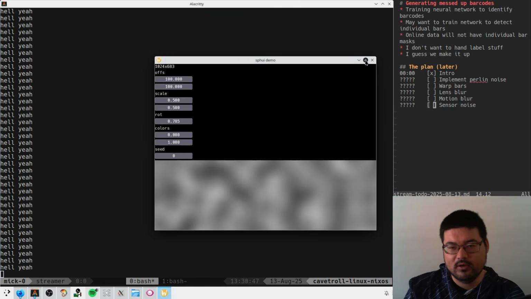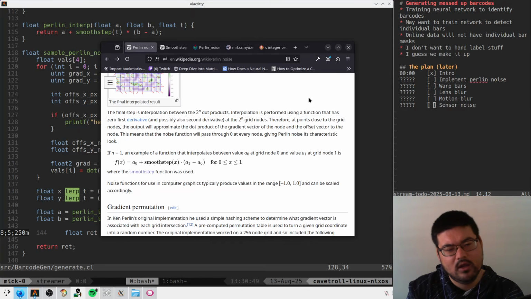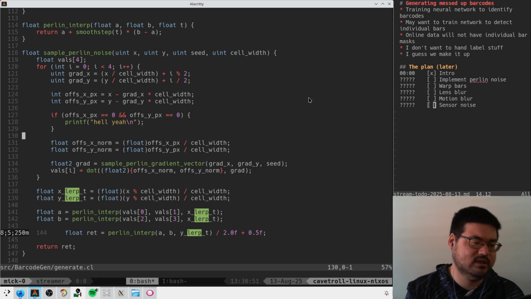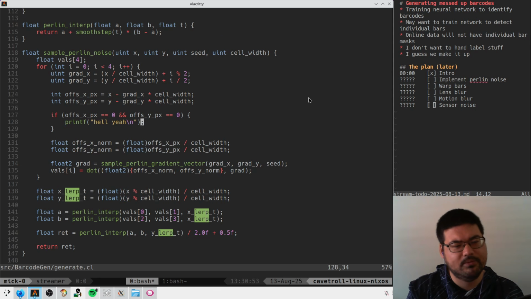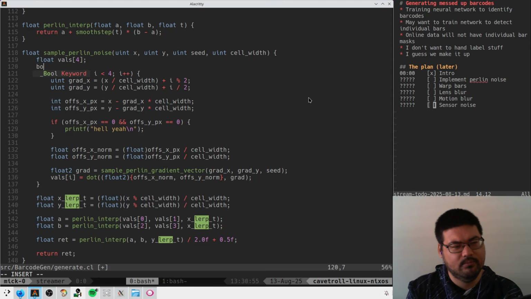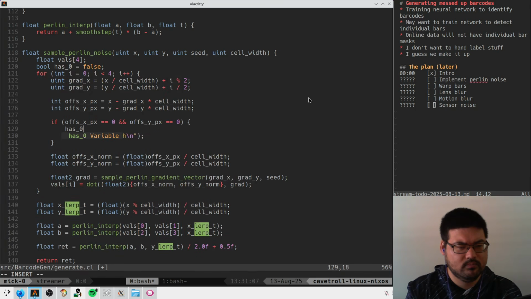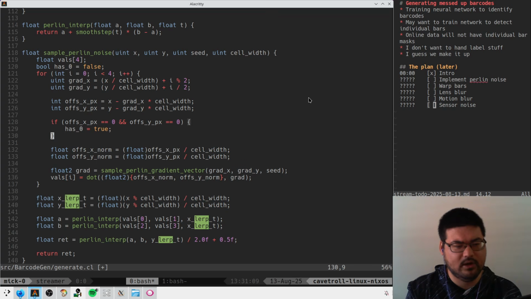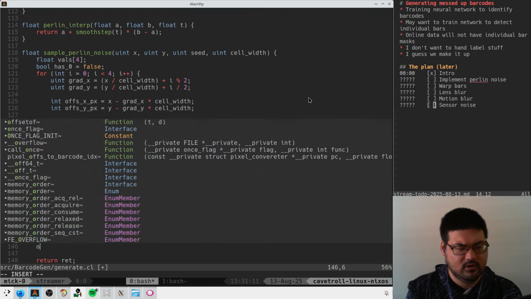Right? That does happen. So then in that case, why don't we feel like we're seeing 0? You know what I mean? So can we do a bool has 0? And can we just look at what all of our values are?